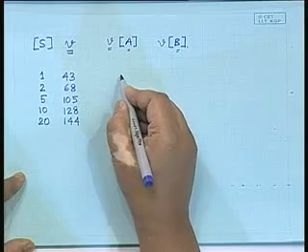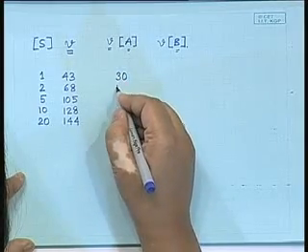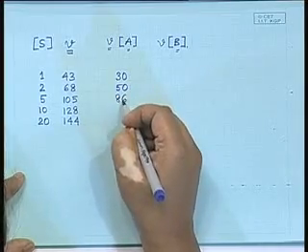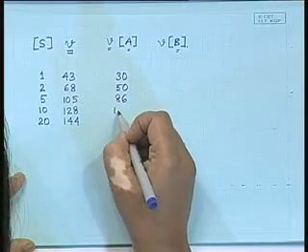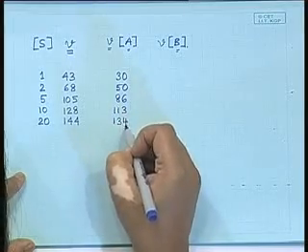With the inhibitor A, we have 30, 50, 86, 113 and 134.